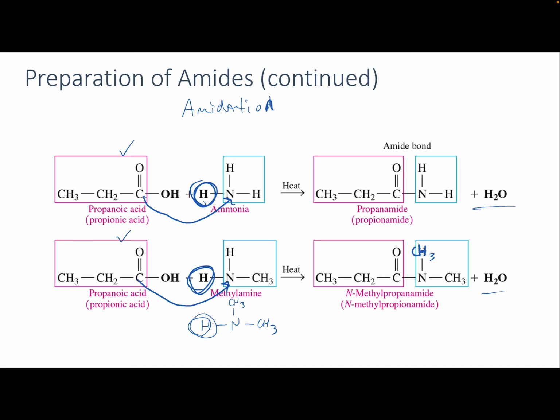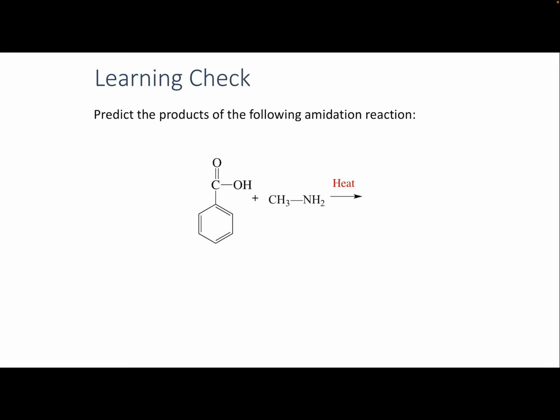Now, let's do an example. So let's say you've got these two, a carboxylic acid and an amine. Predict the product. So your job here is to draw what we're going to get. Remember, you are removing the OH, you're attaching the N, and we're losing a hydrogen.